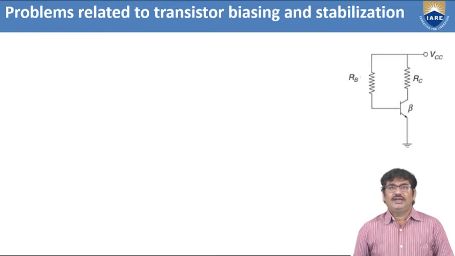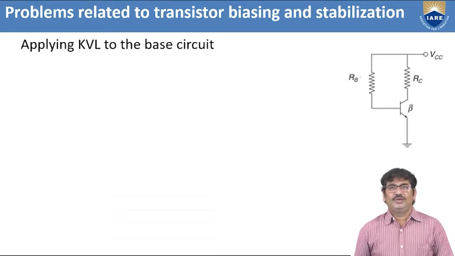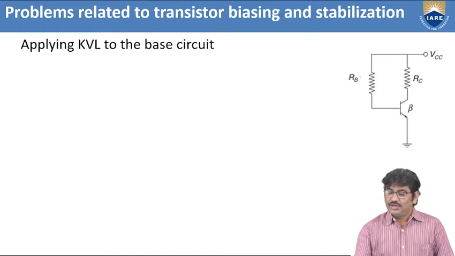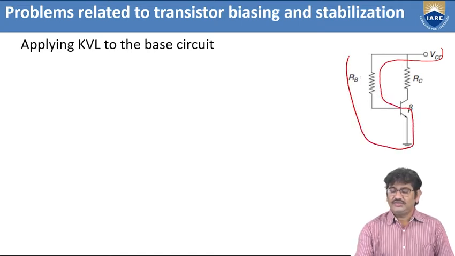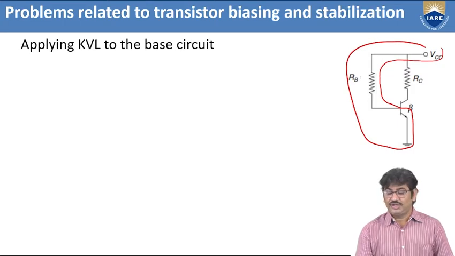First, we will write the KVL expression for the input circuit or base circuit. The input circuit consists of VCC, RB, and base to emitter. The voltage at base to emitter we take as VBE.